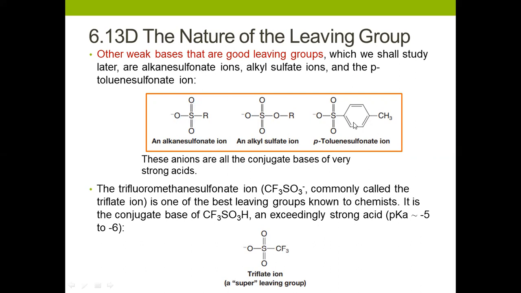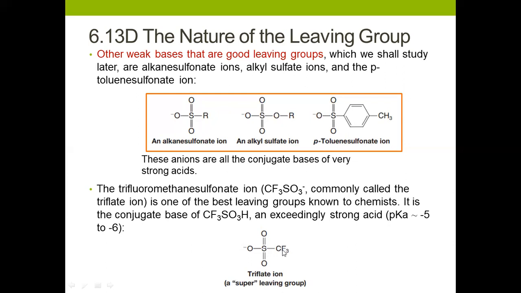Especially when there is the benzene ring, it will also help form resonance structures. And the best leaving group is the CF3 one, where there is a negative charge here and these fluorines here.